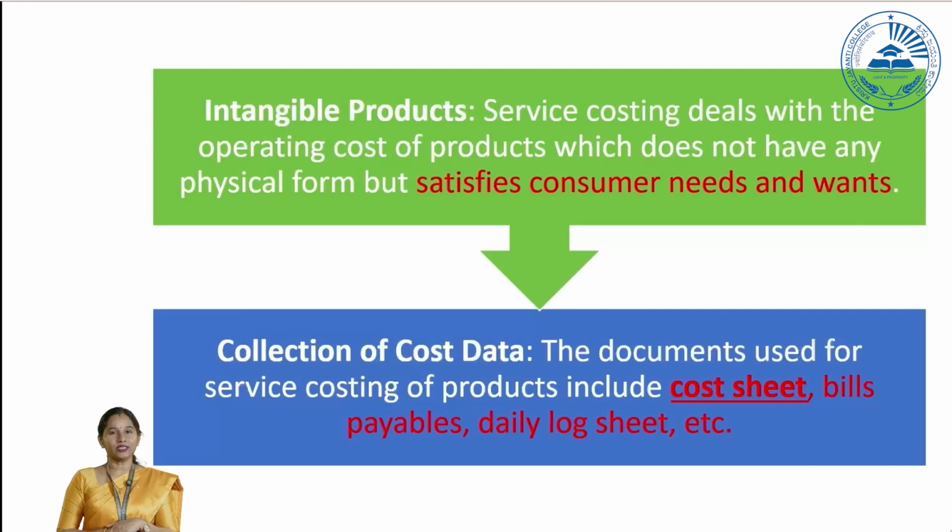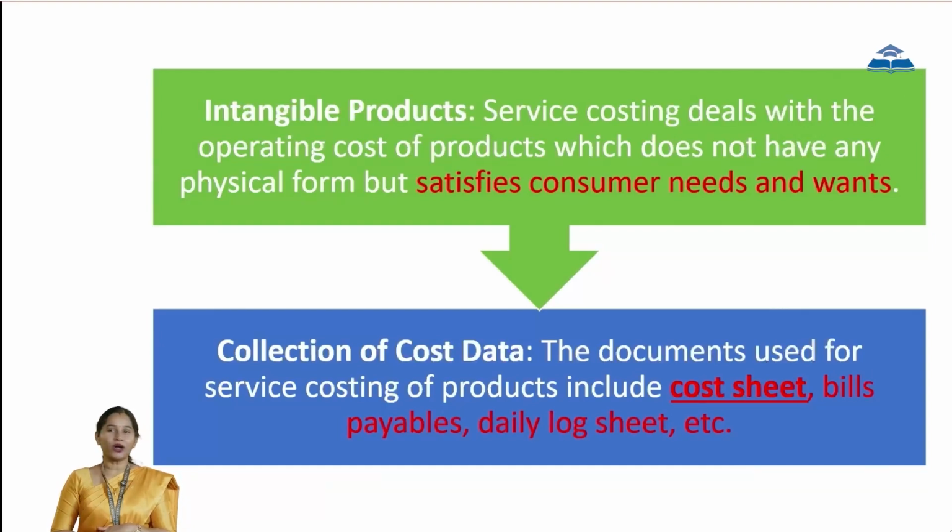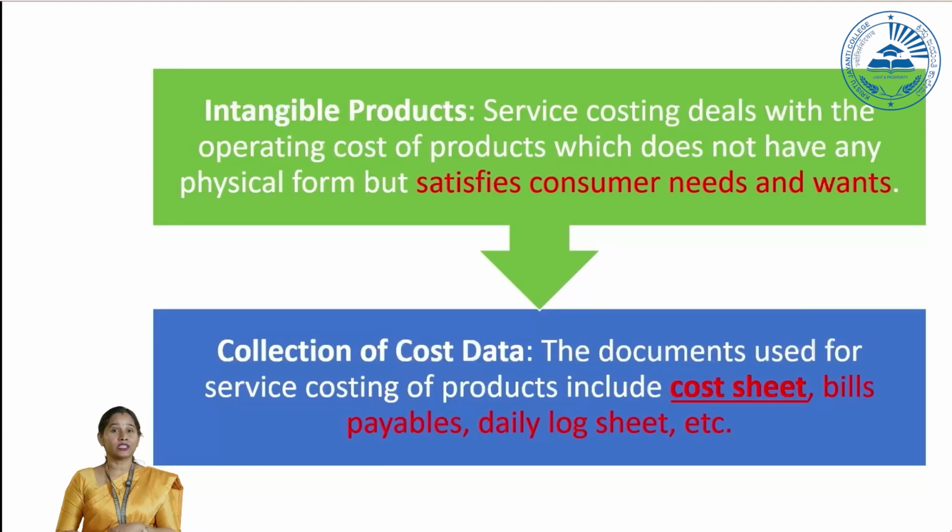The first one is intangible products. Service costing deals with the operating cost of products which do not have any physical form. If you are purchasing a product, for example biscuits or dairy milk products, it has a physical form; you can see it and feel it by touching the product. The products can vary.